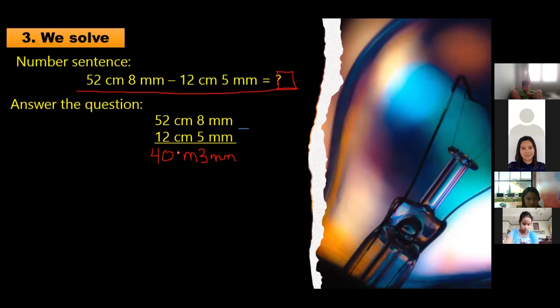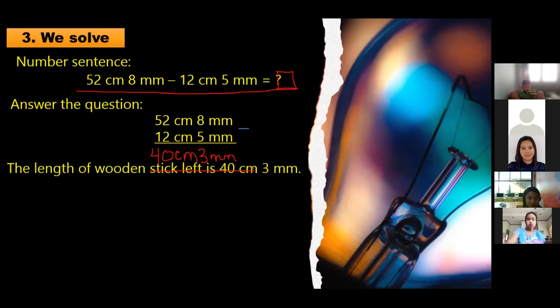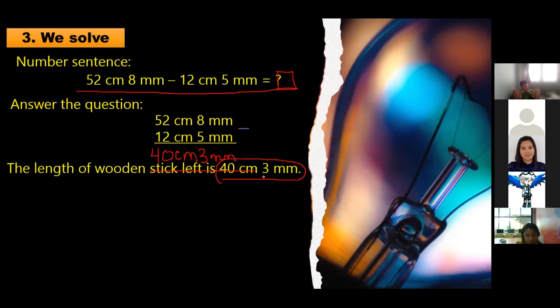So 40 centimeter, 3 millimeter. So it means the length of the wooden stick left is 40 centimeter and 3 millimeter.